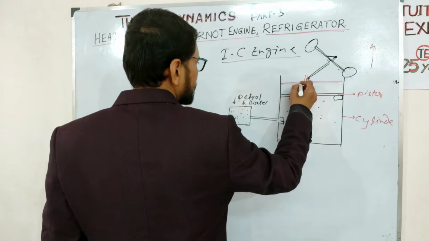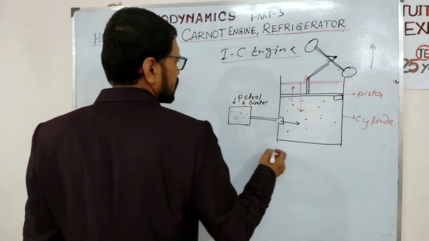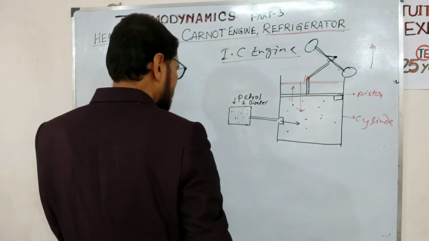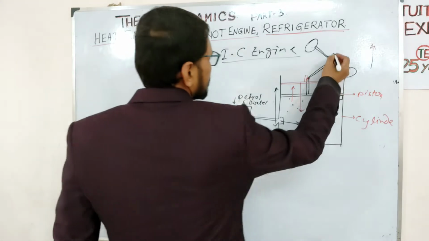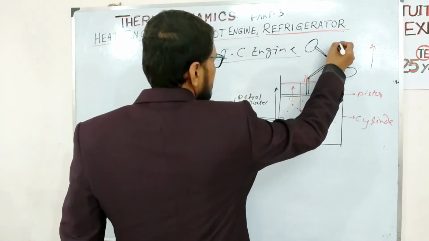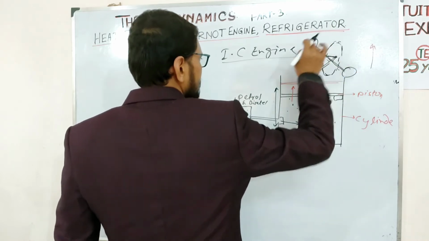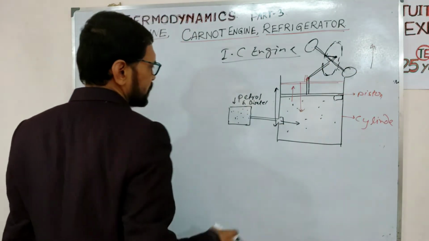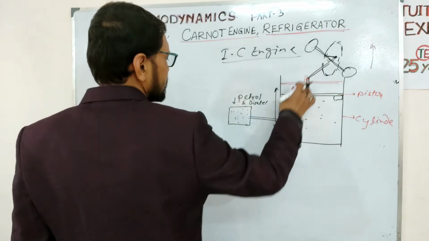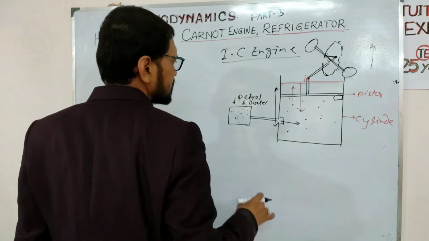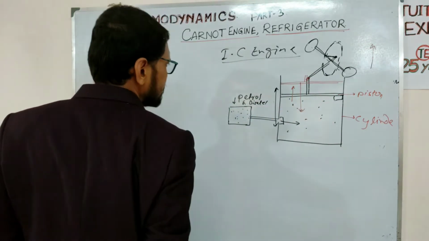Due to the weight of the piston, it comes down again, and the cyclic process repeats. The piston moves up and down, and the axle rotates in a circular manner. This way, heat produces the motion of the car. So this is a simple diagram of every IC engine.